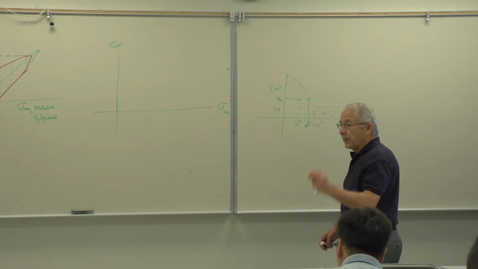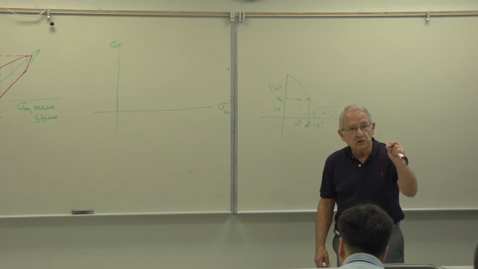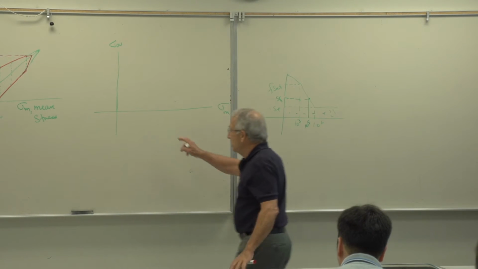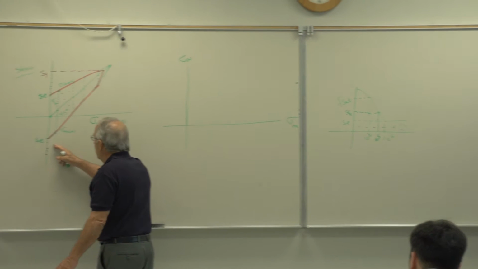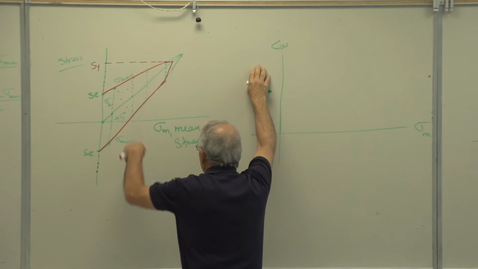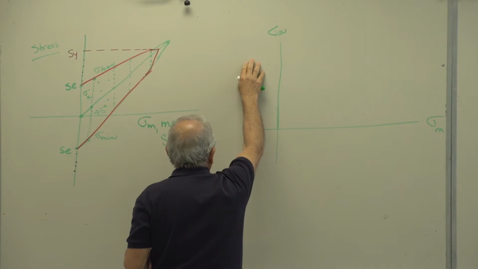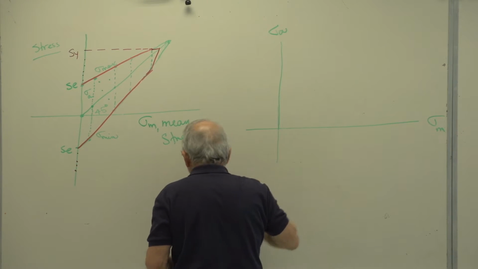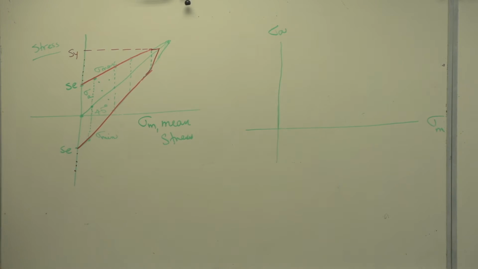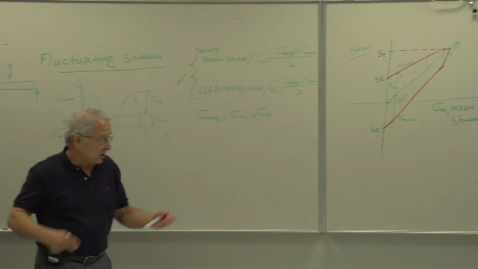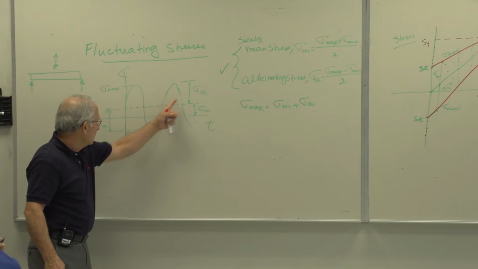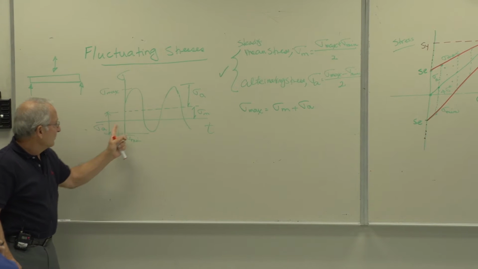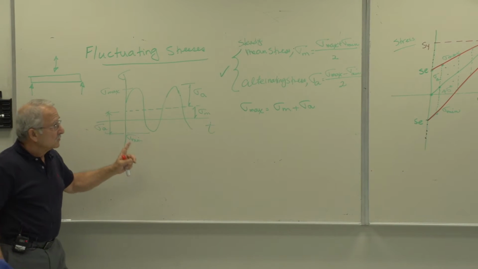Again, if I have completely reversed load, and notice the difference between these two. This one is just sigma A, not any other stress, number one. Number two, we won't even go into the negative part. We'll just treat sigma A as a positive value. But it is understood that it's like this.